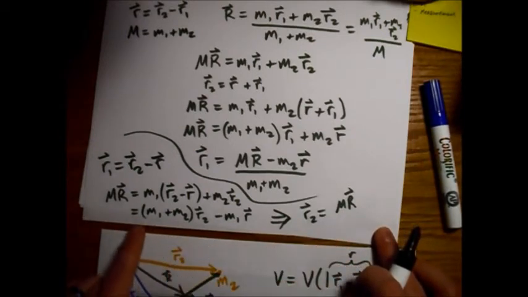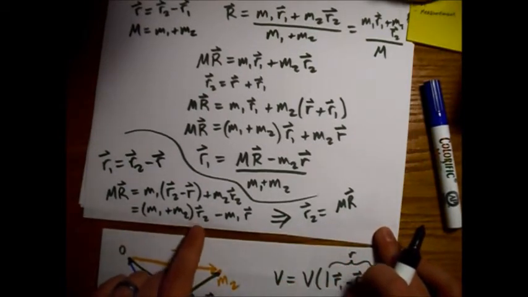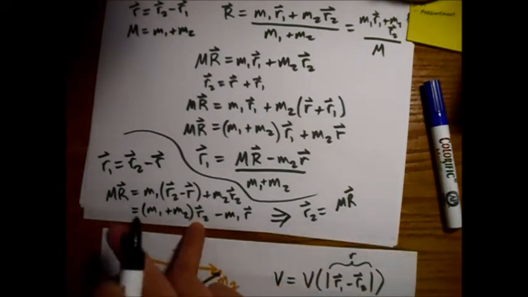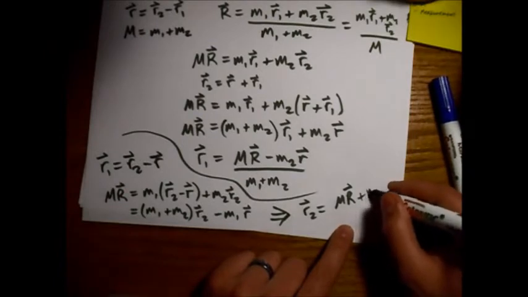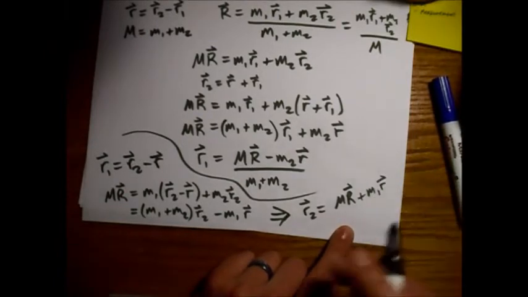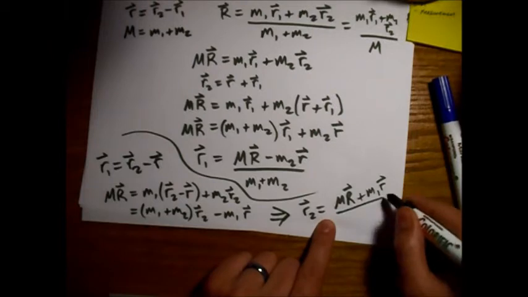Where was I? Right here. Okay. So this, and then plus m1 r, and then divide by the m1 plus m2.